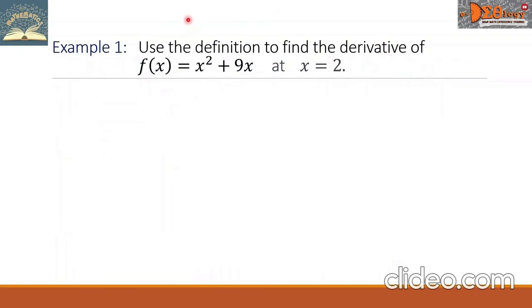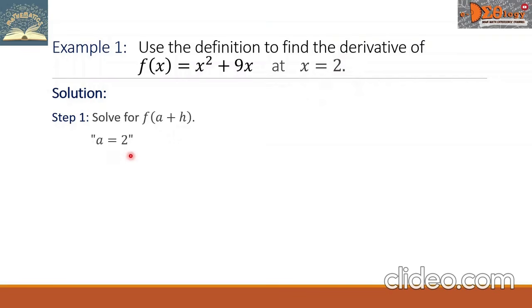Example 1. Use the definition to find the derivative of f of x equals x squared plus 9x at x equals 2. Step 1. Solve for f of a plus h. The value of x here is 2. That is our a.